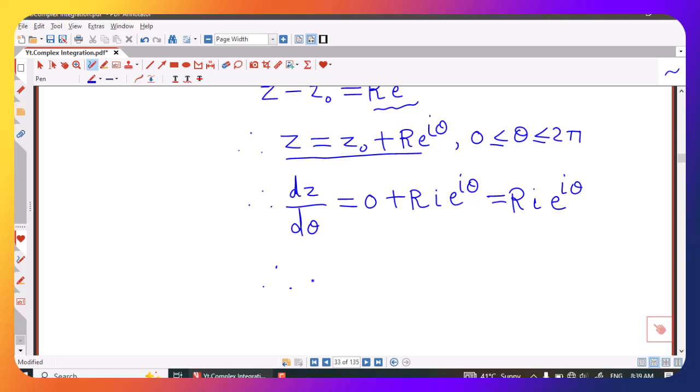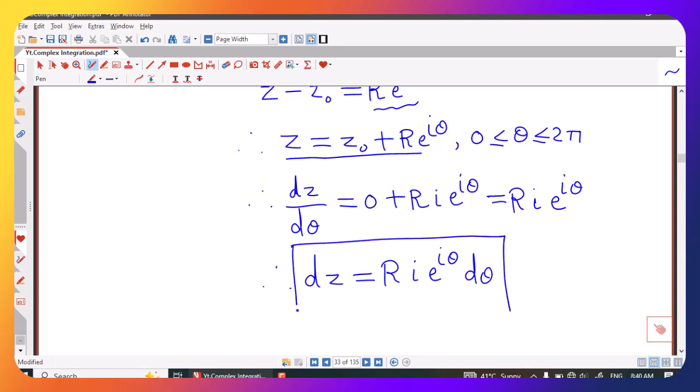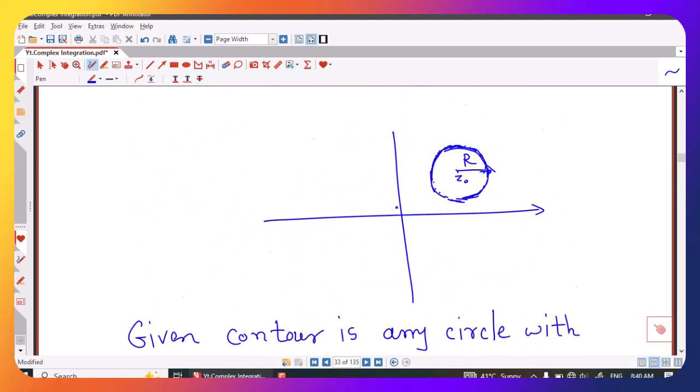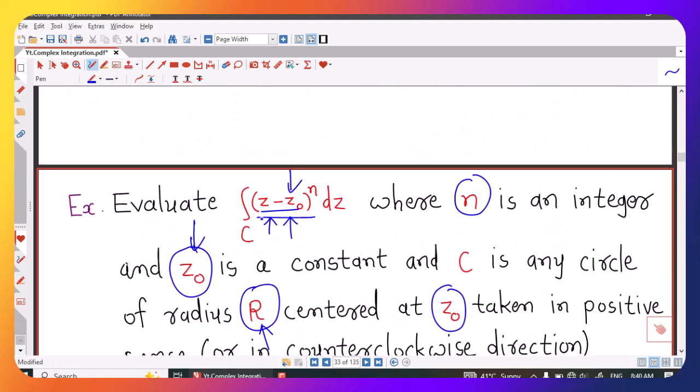Therefore we will replace dz by r I e raised to I theta d theta. So this is our dz, and we will replace z minus z0 by r into e raised to I theta in this integral. So now we can convert this in the form of theta.